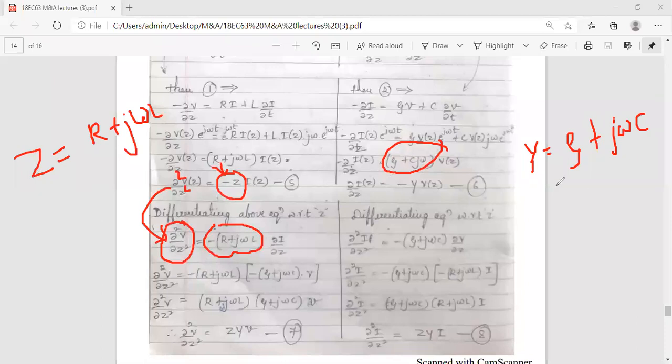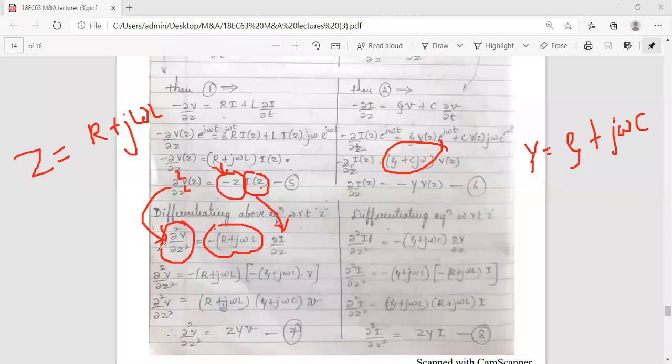So Z is the impedance, Y is the admittance. When we differentiate one more time, instead of I of Z, I am simply taking I and V.